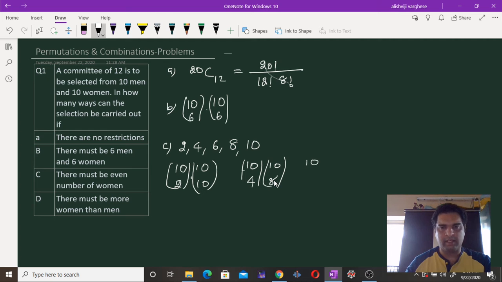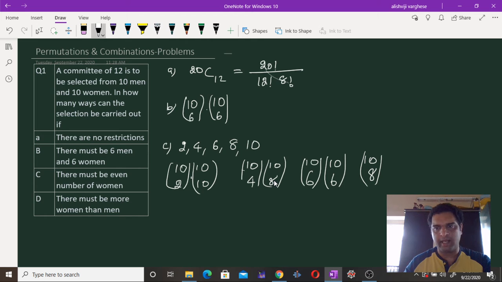If we are going to form a committee with 6 women, then that can be done in 10C6 into 10C6 ways, where the other 6 persons are men. And a committee with 8 women can be chosen in 10C8 into, the remaining 4 chosen from the set of all men, 10C4 ways.